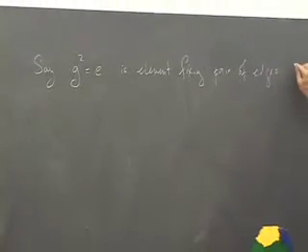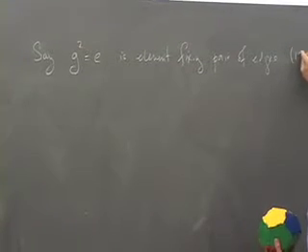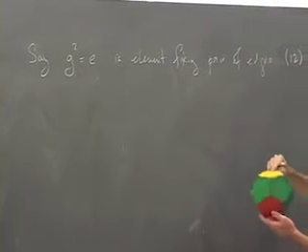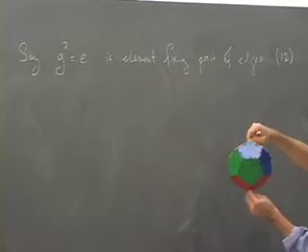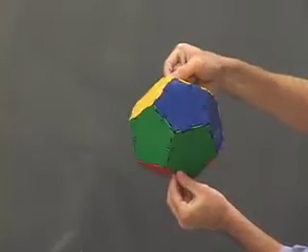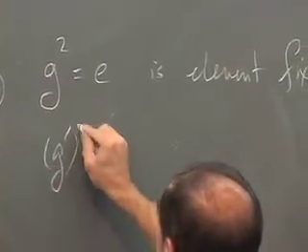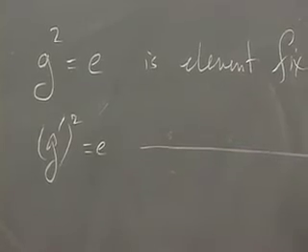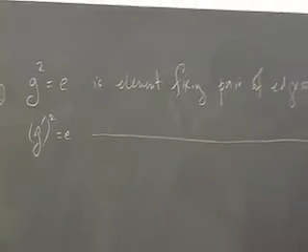We'll call opposite edges, I don't know, we'll call it 1, 2, something like that. Opposite edges, 1 and 2. Okay? And we have another pair of opposite edges, 3 and 4. g prime is an element fixing the pair of edges 3 and 4.